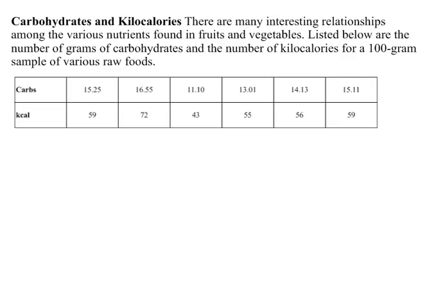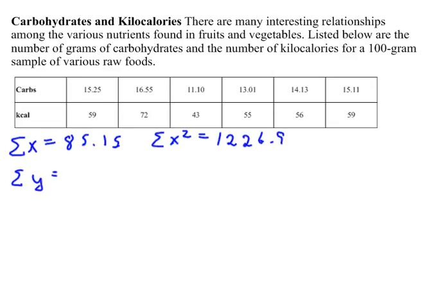It's again time to identify the different pieces of data that you will need for your formulas. So identify those from your calc. Those values you get should be, again, the sum of x, in this case, 85.15. Your sum of x squares, 1226.9. Your sum of y's, 344.